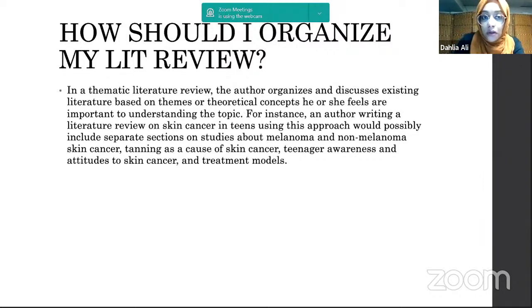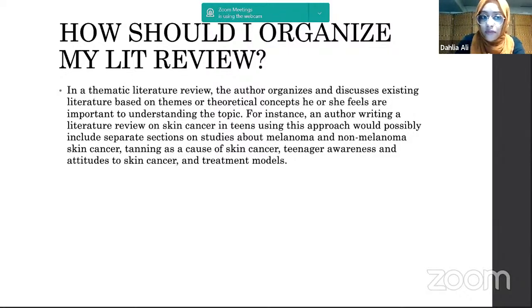There's also another way of organizing the literature review: the thematic literature review, where the author organizes and discusses existing literature based on themes and theoretical concepts.